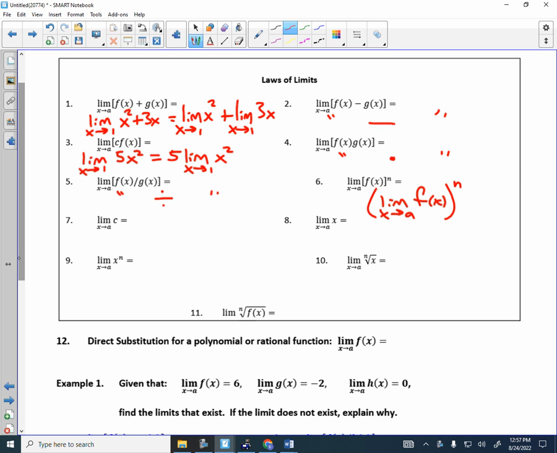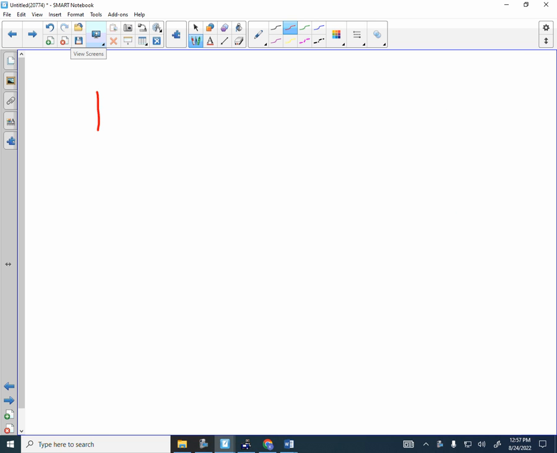This is where people get a little bit confused. Okay, so limit as x goes to a of a constant. Limit as x goes to, we'll say 2, of the number 3. Let's try to understand what that is asking. Check out my graph.